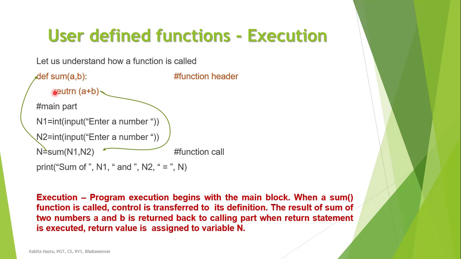Here only one statement is there, the return statement, which adds the numbers and returns the result to the point from where it was called, that is this statement. So the function now has the result which will be assigned to n, and then we display the result.